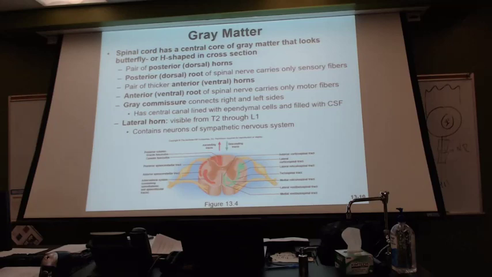Well, first of all, I'm glad to know that everybody understands ascending versus descending, up versus down. The other information that's given to us about the tracts based upon their names lets us know where information starts and where it ends. So that means we're going to find areas of the brain or the spinal cord.